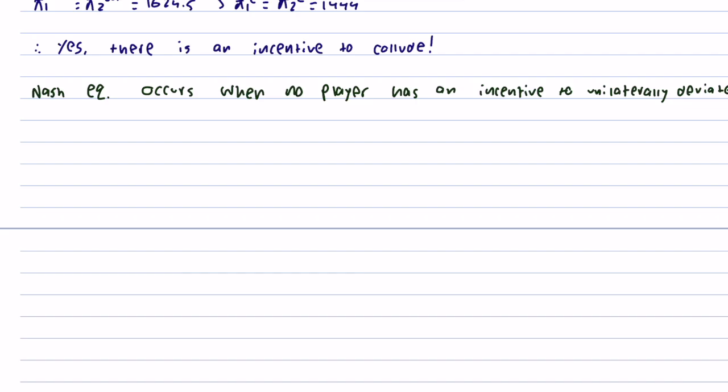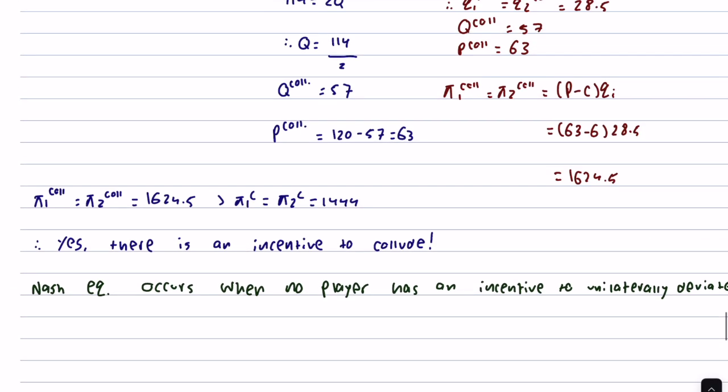And this is how we're going to do it, right? We're going to look at a case where we assume that firm 2 colludes, and firm 1 decides to deviate. We know that if firm 2 colludes, they're going to set their output to 28.5.